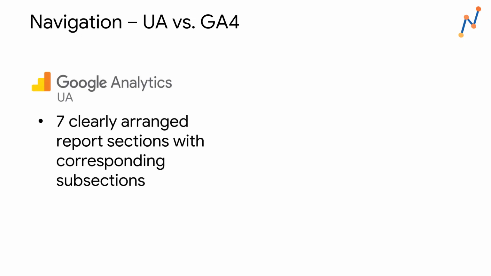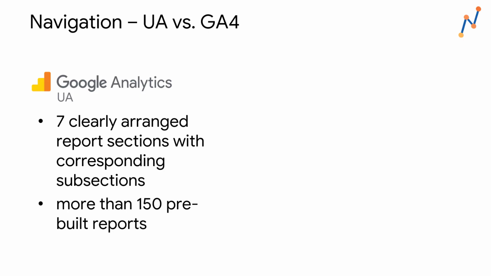So when it comes to comparing the report landscape of Universal Analytics with GA4, the following differences can already be recognized in the navigation. Universal Analytics comes up with 7 clearly arranged report sections which contain corresponding subsections where we will find more than 150 pre-built reports which were mainly built for marketers to gain insights and then derive action.